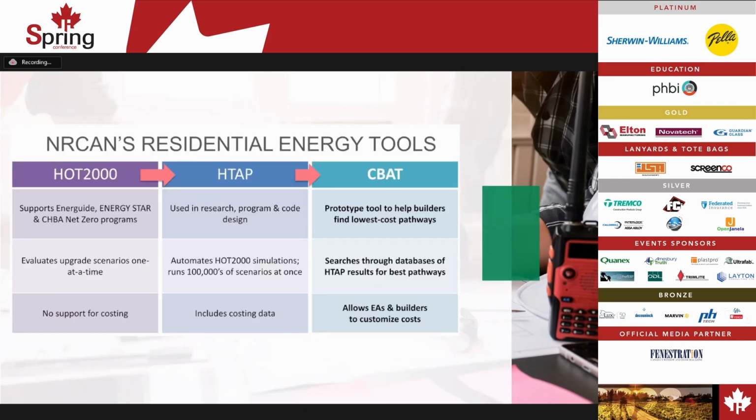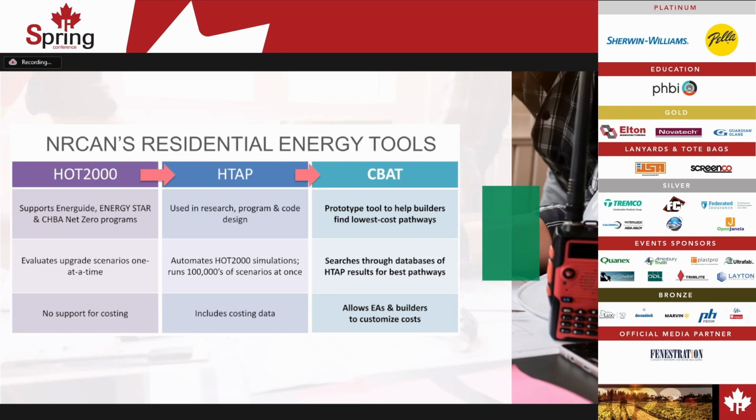So there's a few different costing tools and benchmarks that are out there to run these simulations as well. And Natural Resources Canada has a process that runs through HTAP and their cost-benefit analysis tool too. So NRCan has released a pathway where we can take our HOT2000 program that we use for the energy modeling under the Part 9.